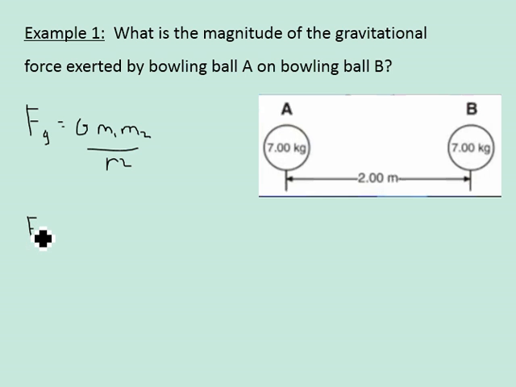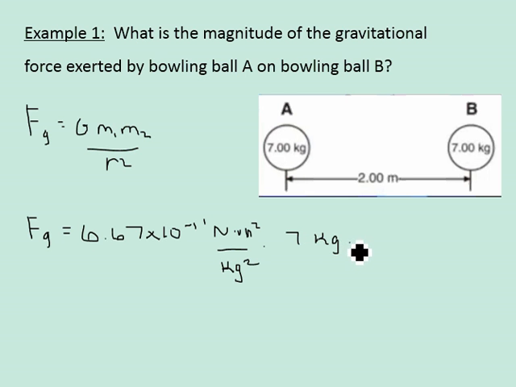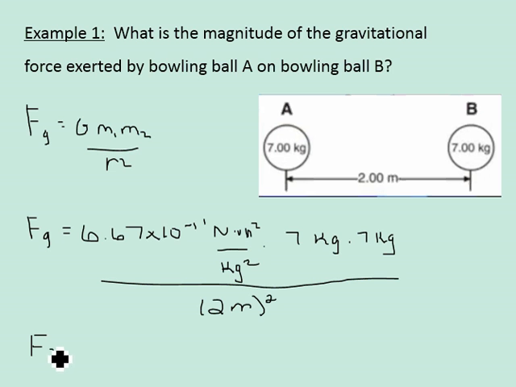Okay, so we have G equals 6.67 times 10 to the minus 11th newton meter squared per kilogram squared, times our two masses. Our bowling balls are identical. Each one is 7 kilograms. Divided by the distance between their centers squared. So 2 meters squared. So we get the size of that gravitational force is equal to 8.2 times 10 to the minus 10th.